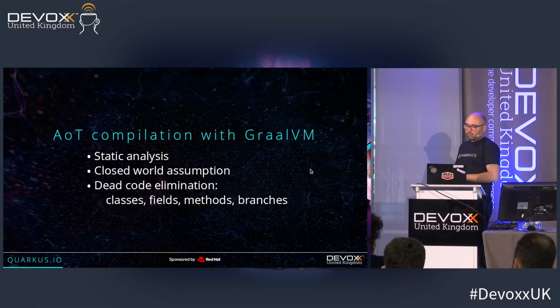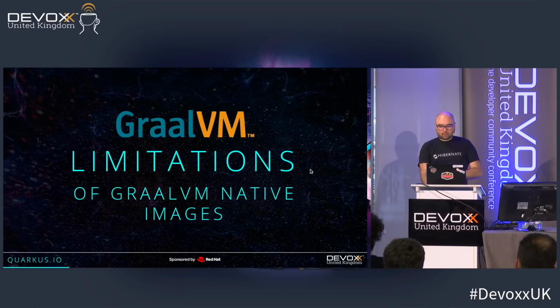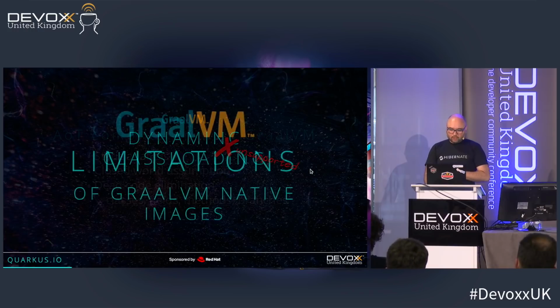So these are limitations, but they're also its strong point, right? The fact that it can do this very advanced proof and remove all the things that you're not needing is a great thing in certain environments, in certain contexts. So it's a drawback, but it's its strong point at the same time. So the idea is we can actually embrace that, but let's see some more of these limitations.